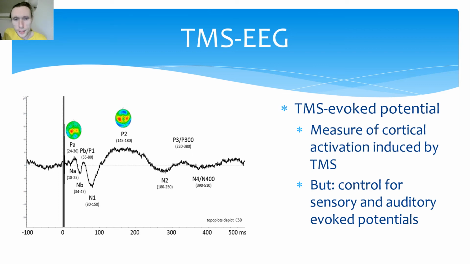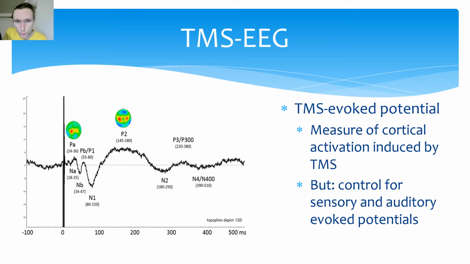For example, this N1 response, which is seen over various areas, is most likely related to inhibitory GABAergic neuron activity. So inhibitory neurons in the particular cortex that you're activating. If you have a region that you activate with more inhibitory GABAergic neurons, that response might be bigger as well.